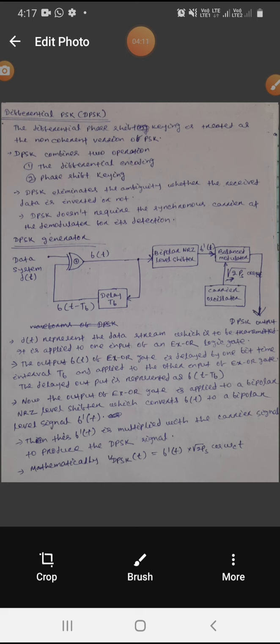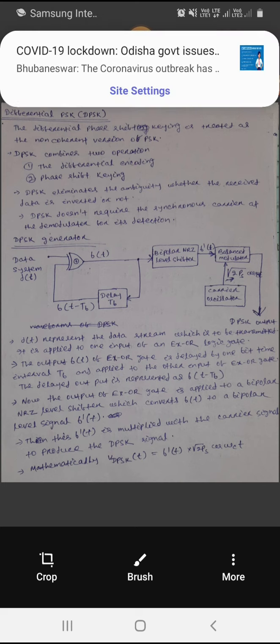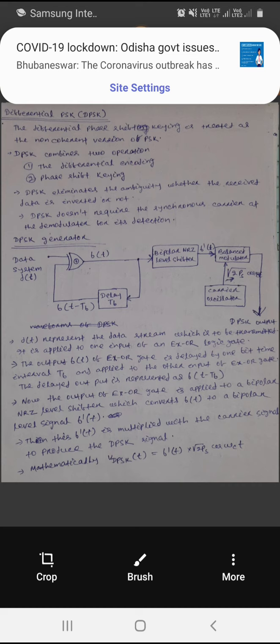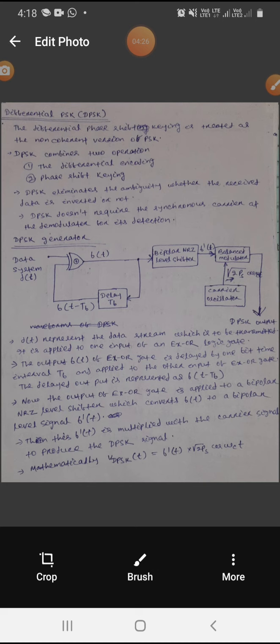This is your carrier signal, and obviously the output of the bipolar NRZ level shifter is B'(t). Both these two signals are given to the balanced modulator, and they are multiplied, and after multiplication, from the output of the balanced modulator we get the DPSK signal. That means we have generated the DPSK signal.